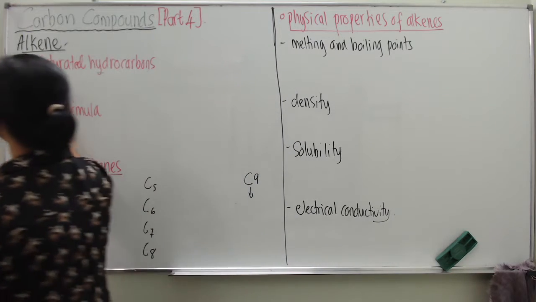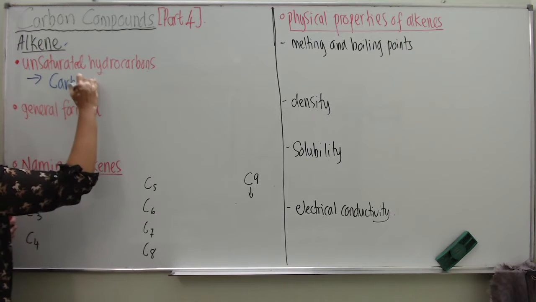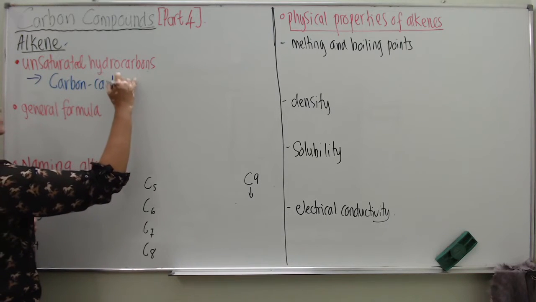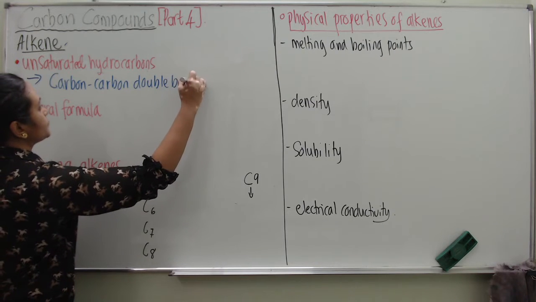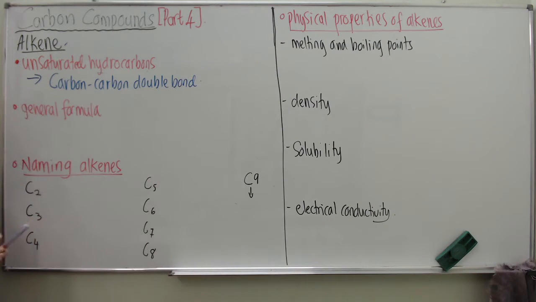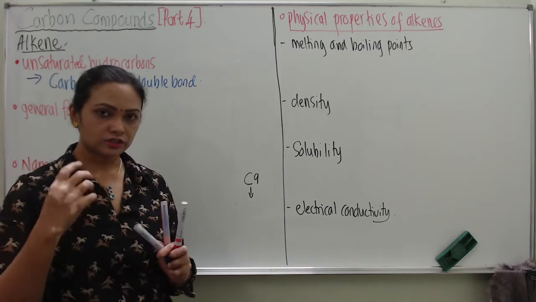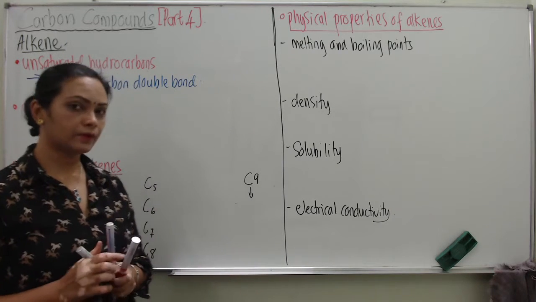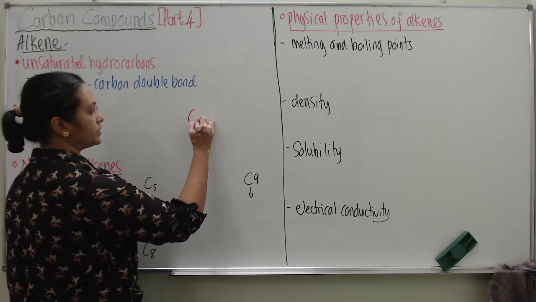Unsaturated is because it has a carbon double bond. Okay, so because of the presence of a carbon double bond, for instance, the teacher just roughly draws here carbon.